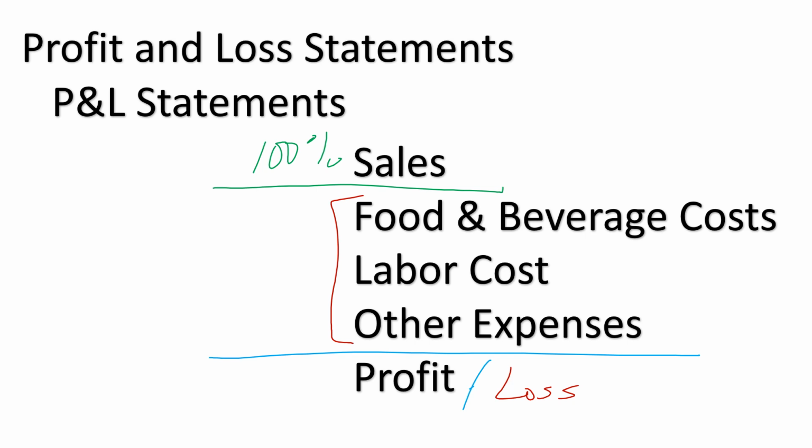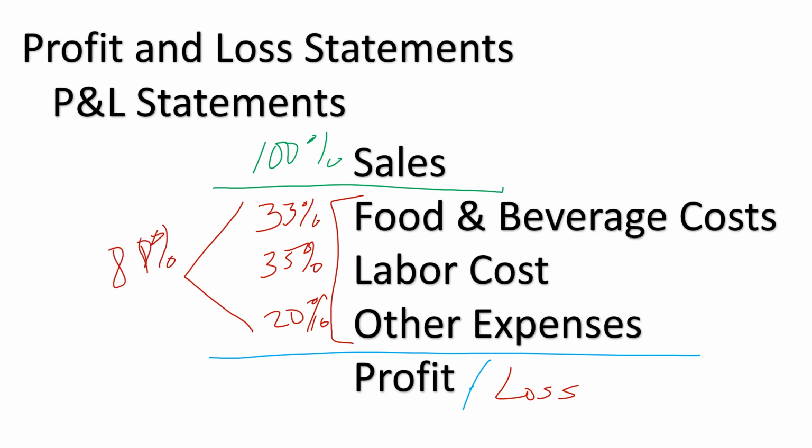And so let's say we have a 33% food cost, and then we have a 35% labor cost, and let's say we have 20% other expenses. These numbers add up to 88%. So remaining from that, our profit is going to be a 12% profit. Okay, this is our goal.